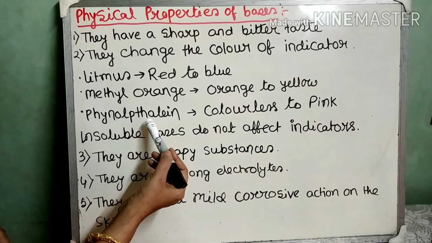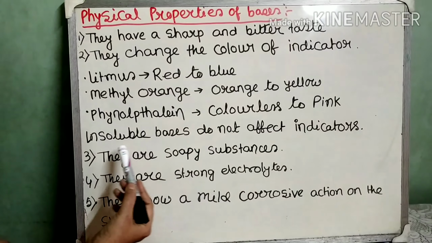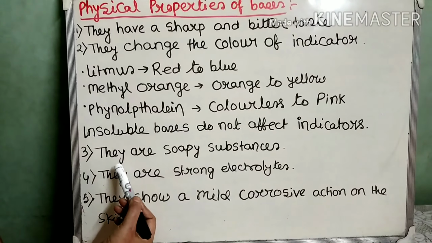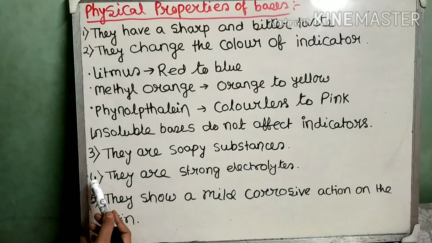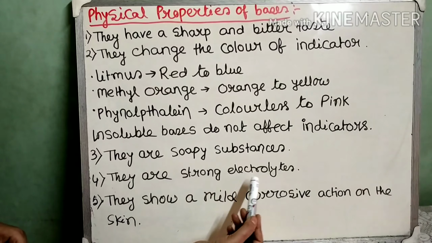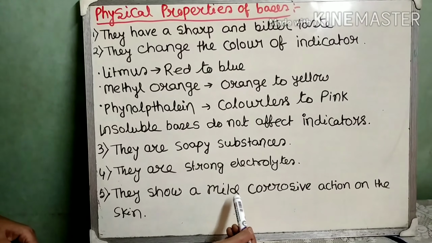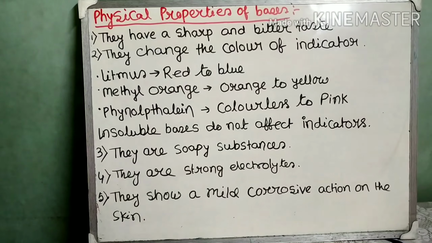With phenolphthalein, it changes colorless to pink. But insoluble bases do not affect indicators. Number 3, they are soapy, meaning slippery. Number 4, they are strong electrolytes. Number 5, they show a mild corrosive action on the skin.